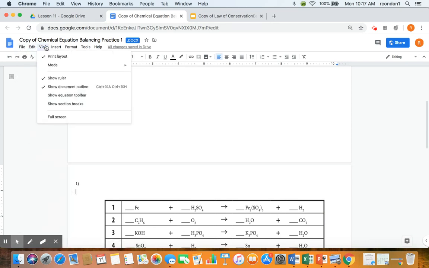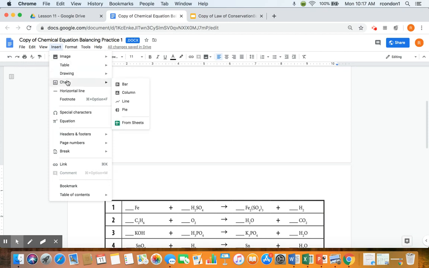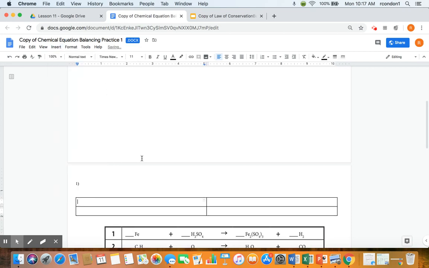Let's see, insert chart, or no, I'm going to do a table. Now I'm going to have reactants, products, and atoms. So there we go. Reactants, products. Alrighty.